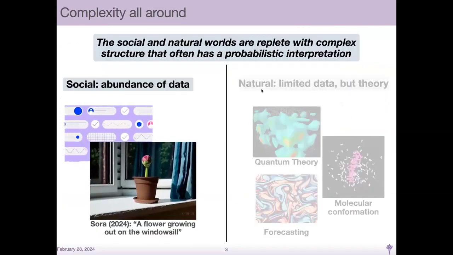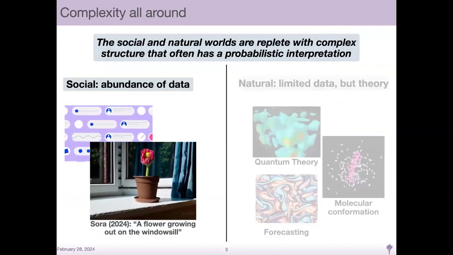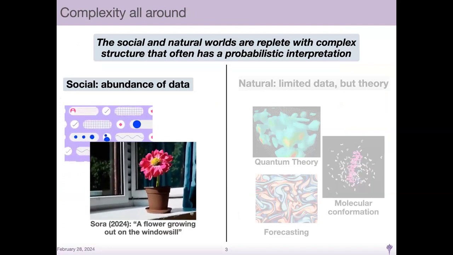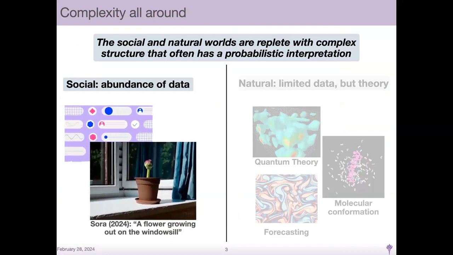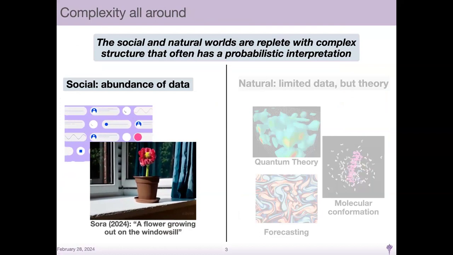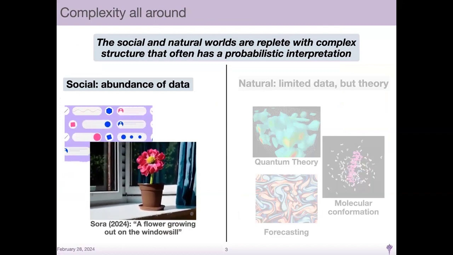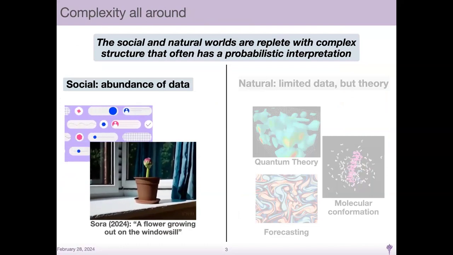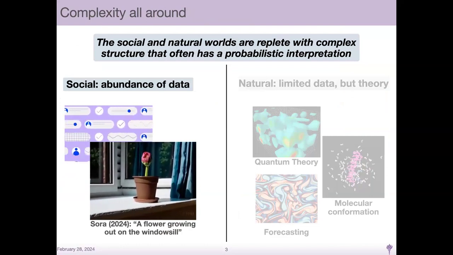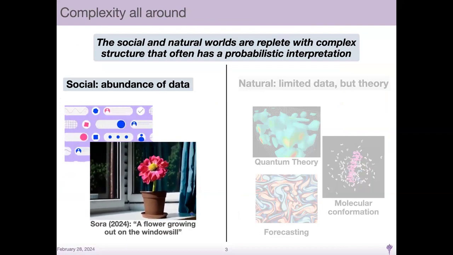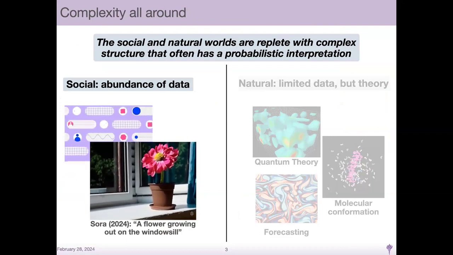So I'll start with a trope. Okay, that really the social and natural worlds that we inhabit are replete with complex structure. And it's often beneficial to interpret this complex structure probabilistically. I know we've seen great strides in that in our social world. For example, if we want to try to understand the underpinnings of human communication and language, or aspects of human creativity and visual understanding related to problems in video generation.